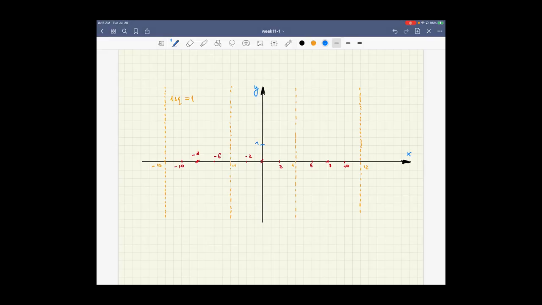And maybe now I should change the vertical scale, also 1 unit 1 square.